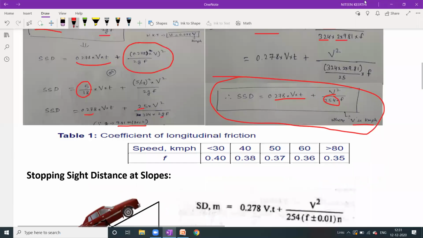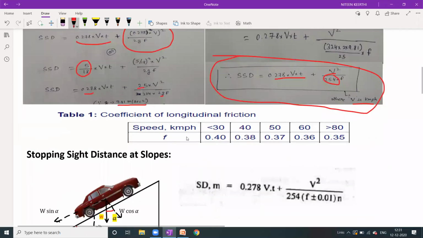These are some of the coefficients of friction for different speeds. The speed is given in kmph, not in meter per second. You can refer to any of the codes; the speed and friction relation is given in terms of kmph only. So just remember this: for less than 30 kmph, or from 20 to 30 kmph, the friction value is 0.4.